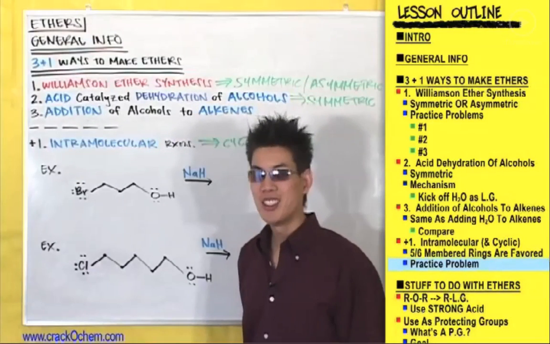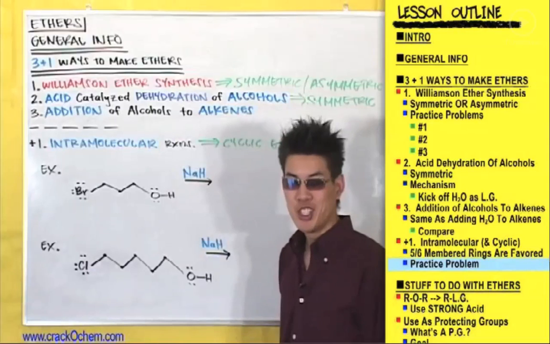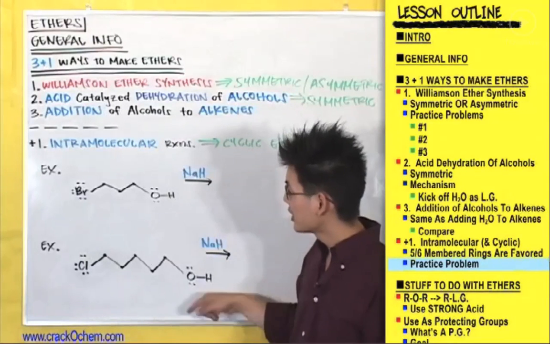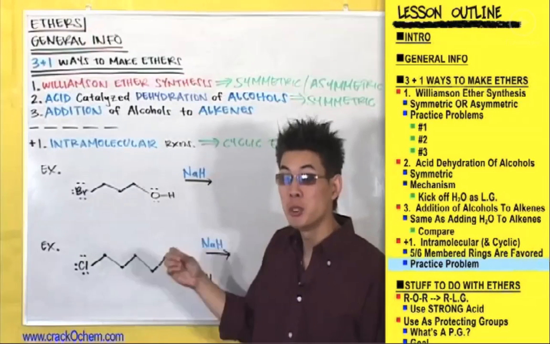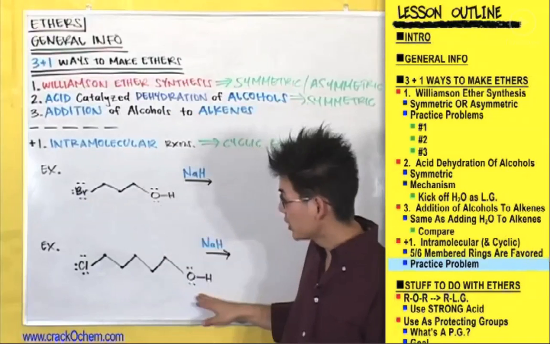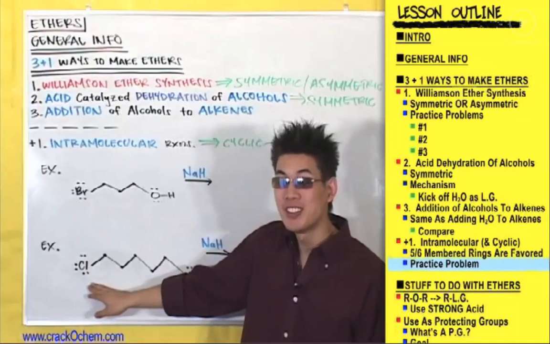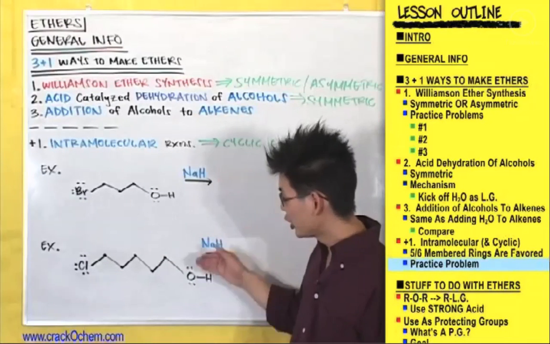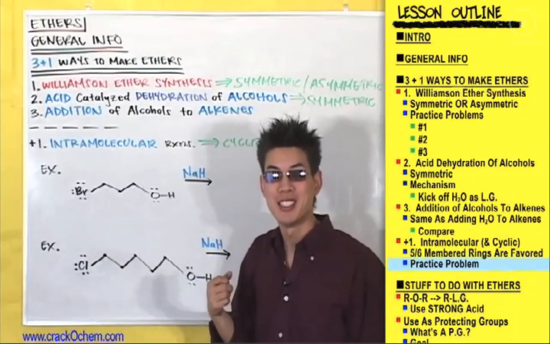Okay, so why don't you guys give these two problems a try? As you can see, these are both compounds that have alcohols and halogens built into these, so both potential nucleophiles and both potential leaving groups here. So go ahead and give these two problems a try, and then we'll come back and do them together.